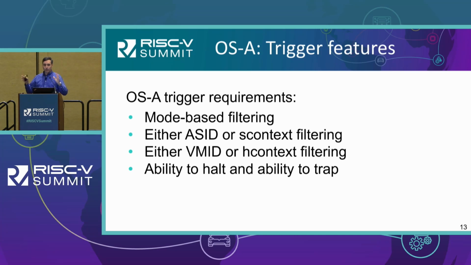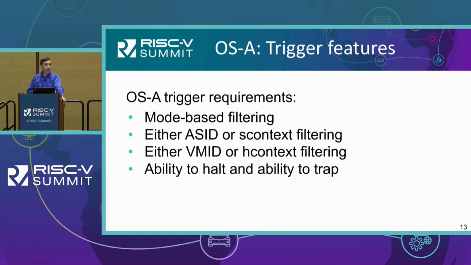So that's the architecture. So what does OSA say about this? Well, the OSA platform requires the ability to limit triggers to fire in only certain modes, because that's a super useful feature. It also requires the ability to filter on a particular process, by filtering on being in user mode and either an ASID or the scontext register as an additional filter.